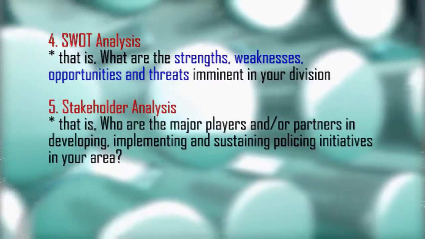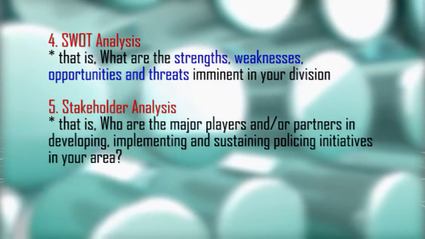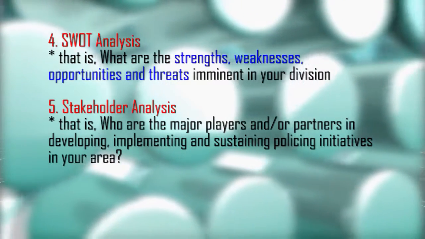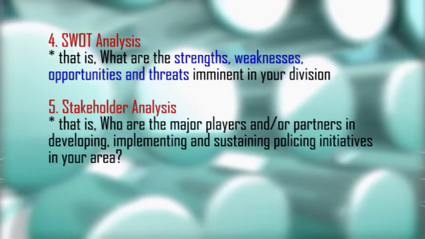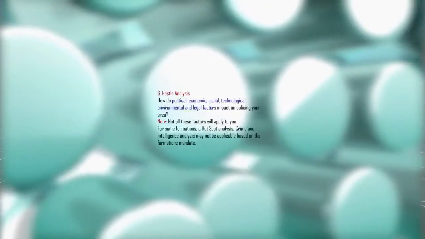4. SWOT analysis, that is, what are your strengths, weaknesses, opportunities, and threats imminent in your division. 5. Stakeholder analysis, that is, who are the major players and/or partners in developing, implementing, and sustaining policing initiatives in your area. 6.